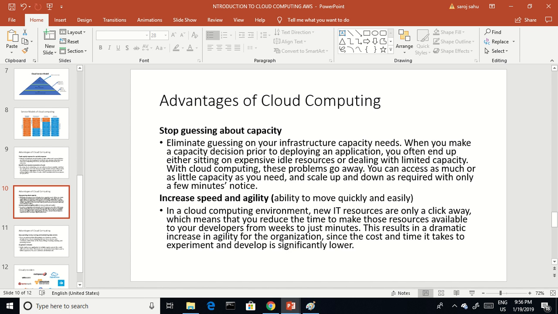So it is very hectic, and it can take a long time. But if you go for the cloud, very quickly, within a few seconds, within a few button clicks, you can get the service.